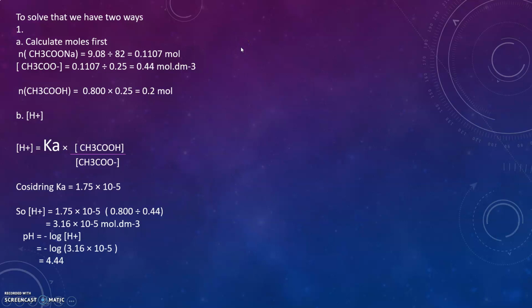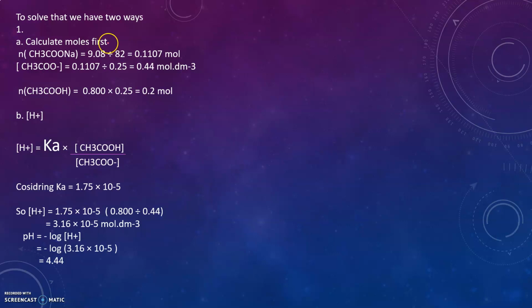To solve that, you have two ways, as we indicated before. There's the long way, and there is a much easier way. So this is the first way. Remember, we said that there are two types of questions, ones that have acid and base, and others that have an acid and salt. In this case, you have an acid and salt.